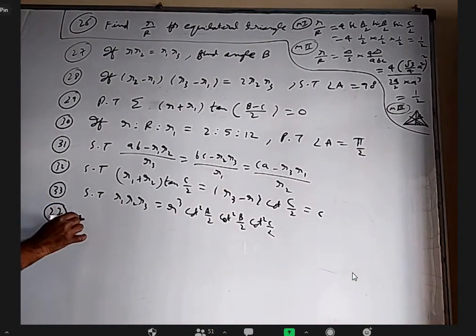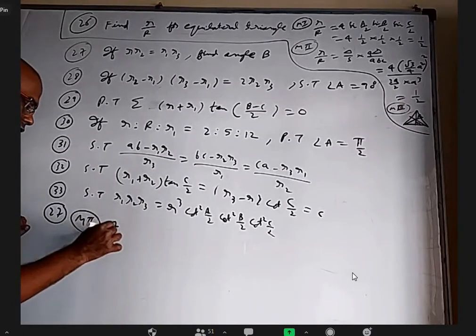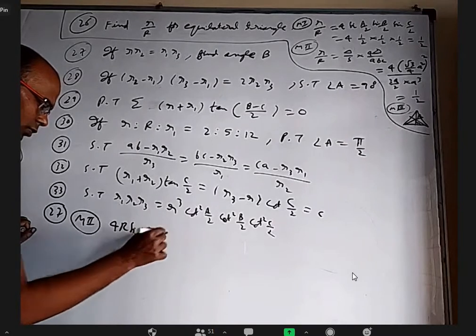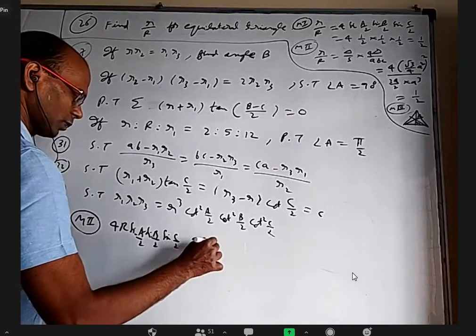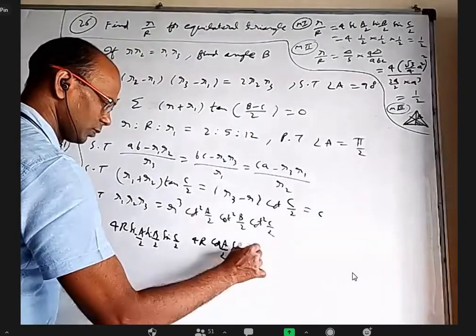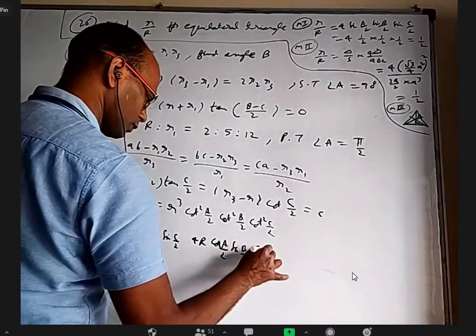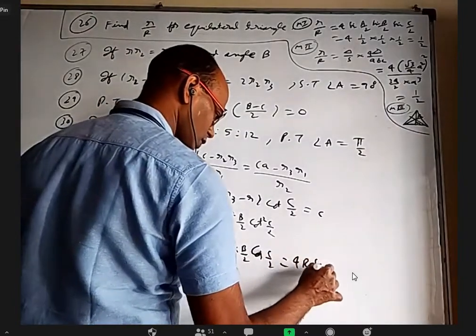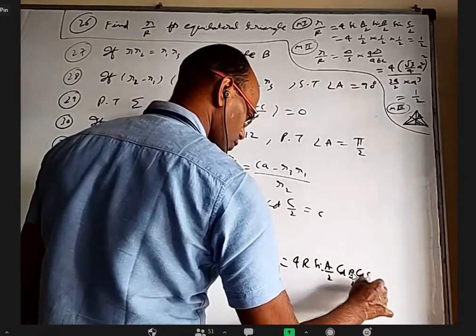Okay, 27, earlier we did one method, so I'm calling this method 2. r is 4 capital R sin A by 2 sin B by 2 sin C by 2. r2 is 4 capital R cos A by 2 sin B by 2 cos C by 2. r1 is 4 capital R sin A by 2 cos B by 2 cos C by 2.